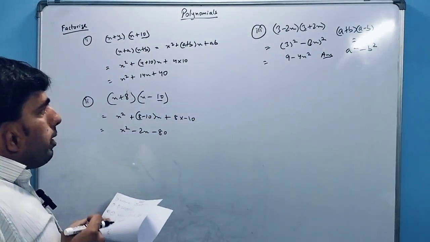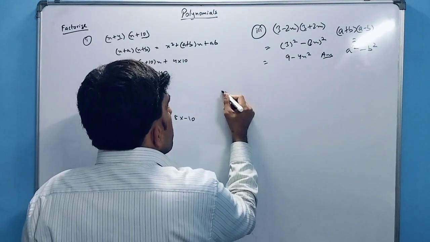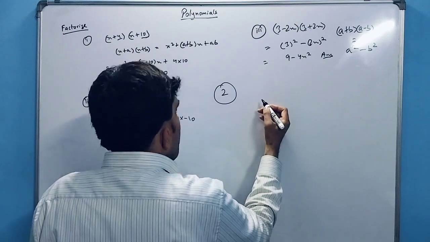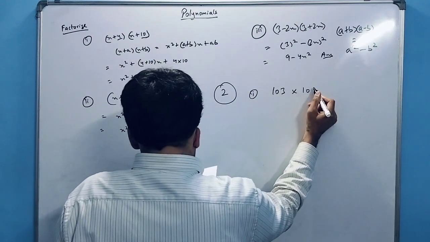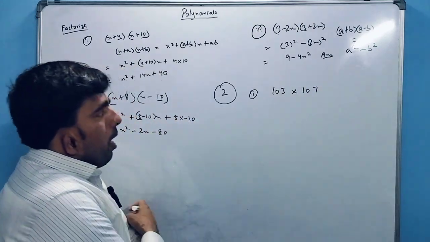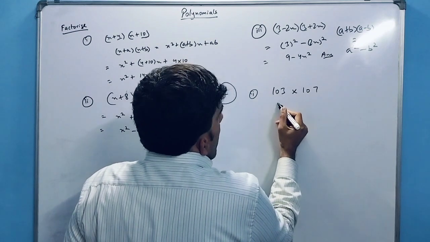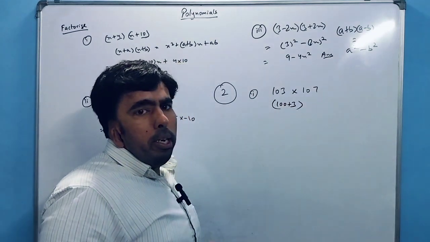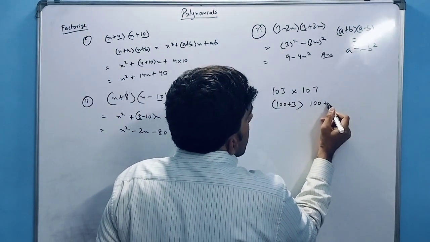Now we'll move to the second question. The second question is, you need to evaluate, find a value. We are saying 103 into 107. And how to do it? Here I can write 103 as 100 plus 3 and 107 as 100 plus 7.